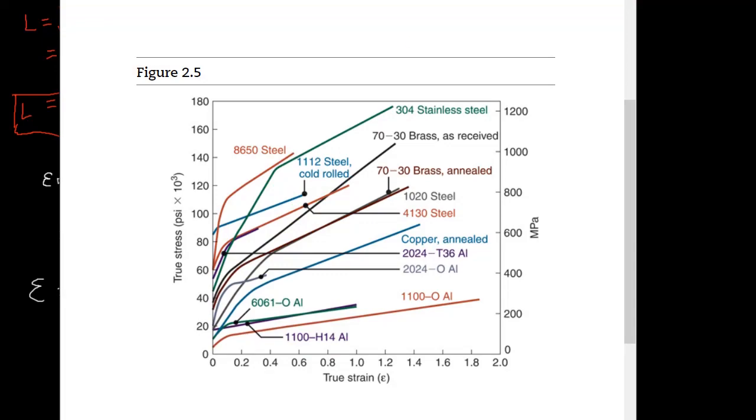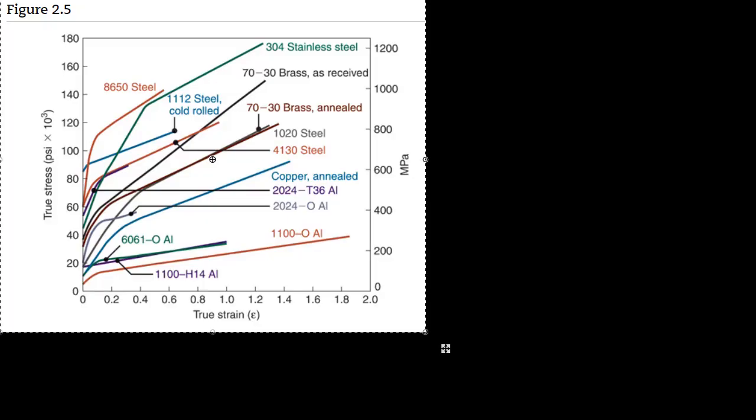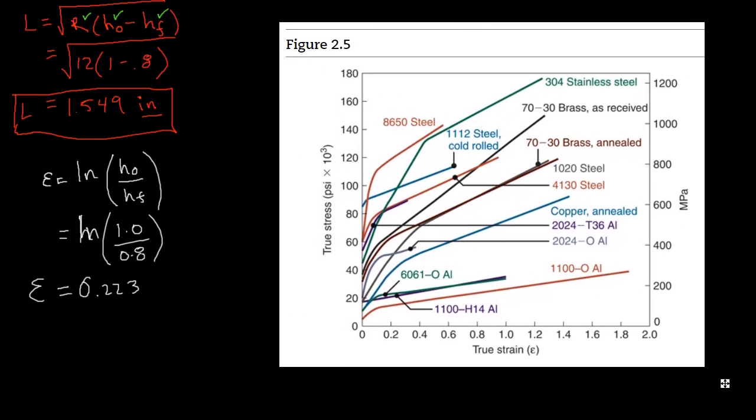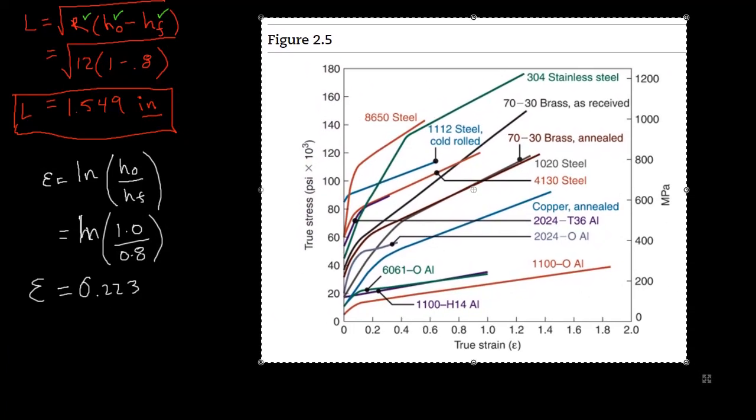Okay, so we'll grab this figure here. This is from the textbook. Our formula for average true stress is Y average equals our true stress at the annealed state plus the true stress at the true strained state, T epsilon, over 2.